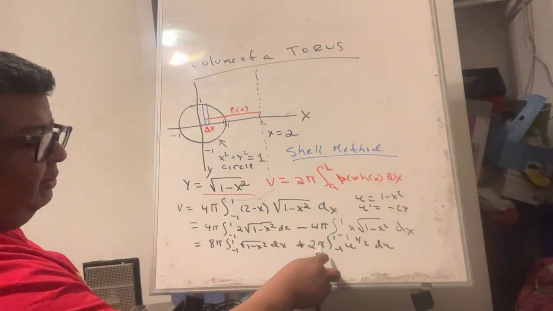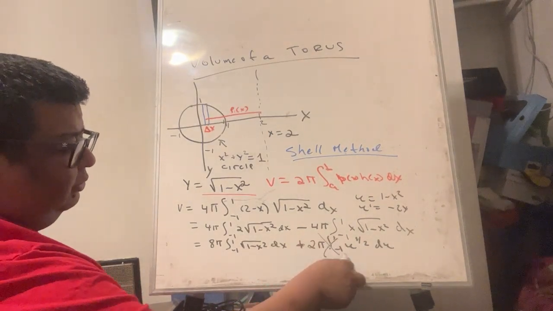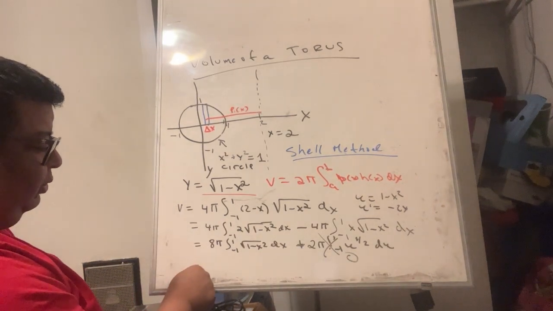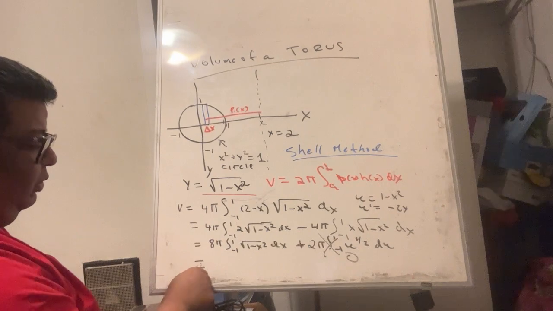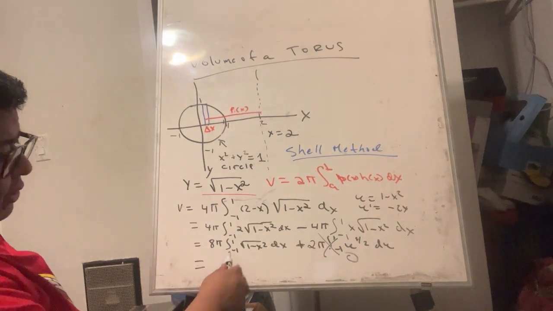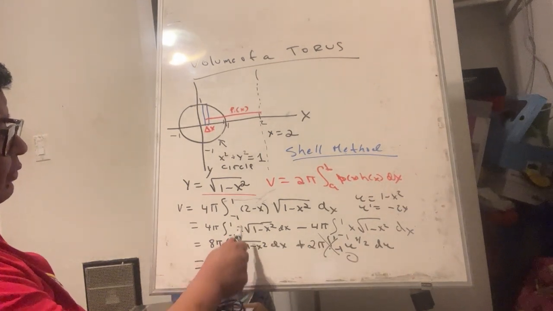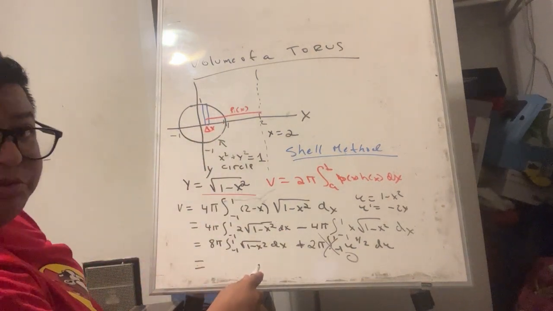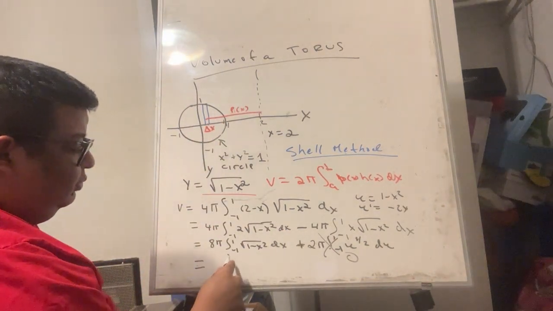By symmetry, this becomes 0. And then all we're left with is the left side here. And notice this is the area of a semicircle, the upper part. So we don't need to solve this integral, too complicated.